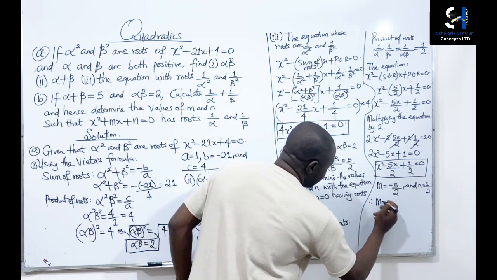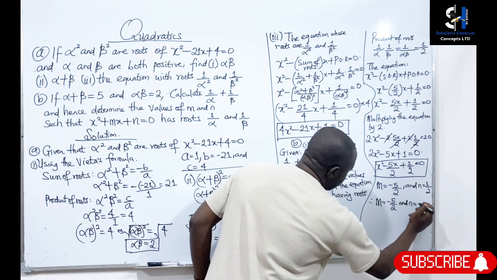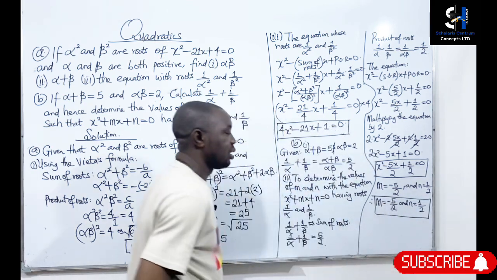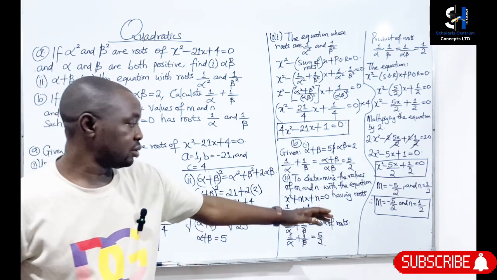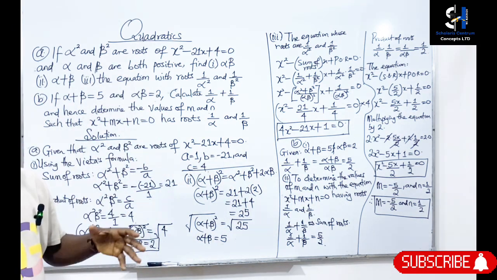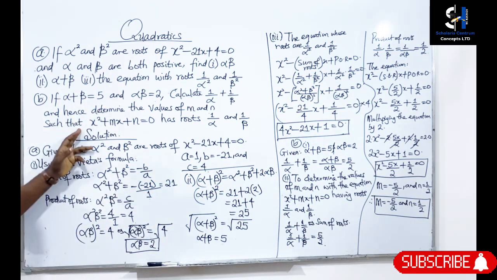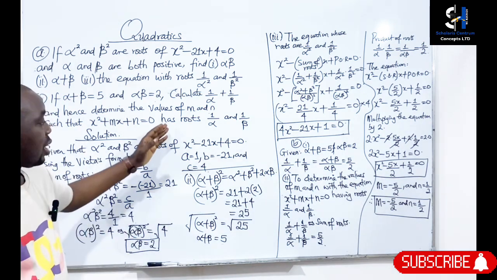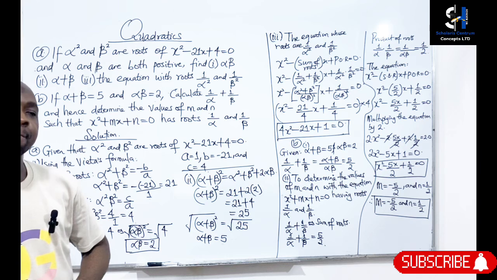Let me write it again: m equals minus 5 over 2, n equals 1/2. These are the values of m and n required for this question. We are asked to determine the values of m and n such that x squared plus mx plus n equals 0 has roots 1 over alpha and 1 over beta.